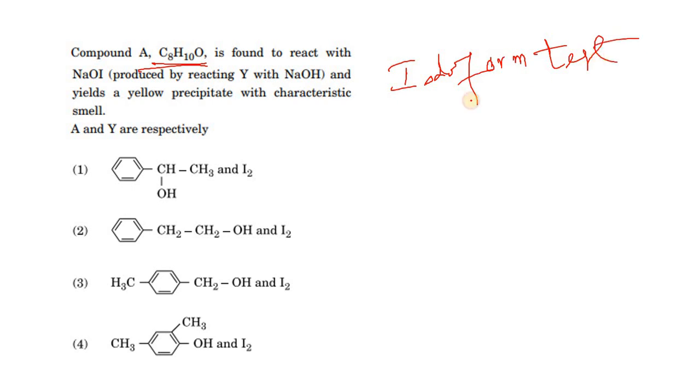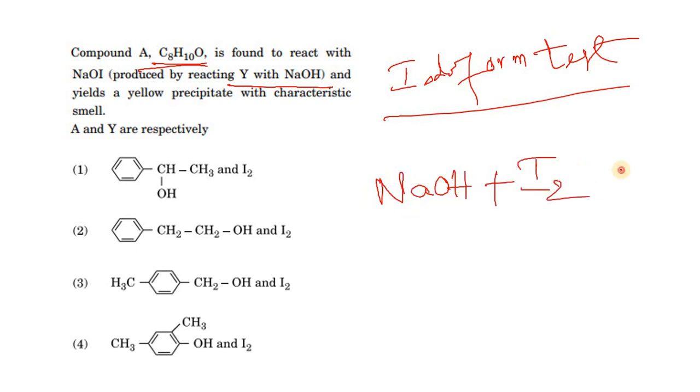Again, this is about iodoform test. When NaOI is produced by reacting Y with sodium hydroxide, in iodoform test the sodium hydroxide is treated with iodine, and there is a formation of NaOI. What is Y? I2 is Y.